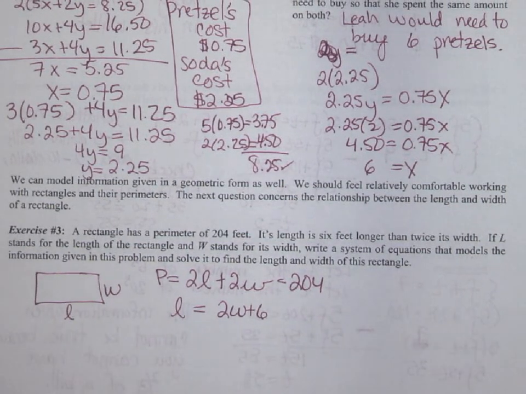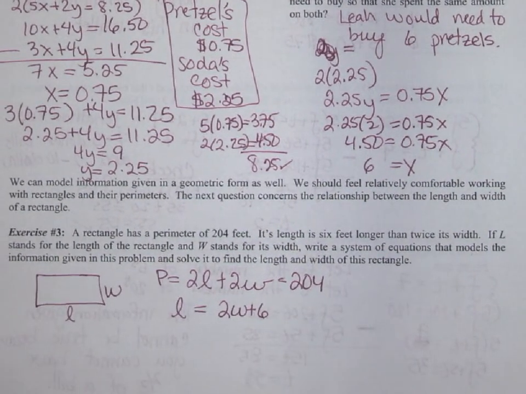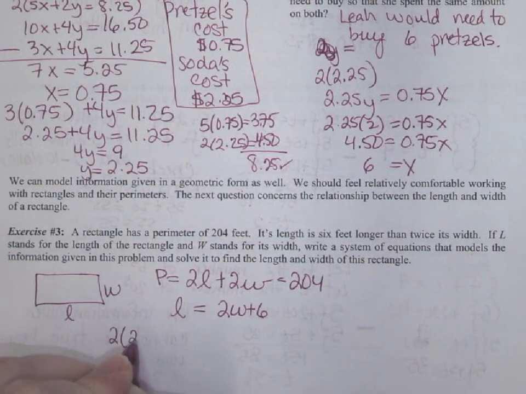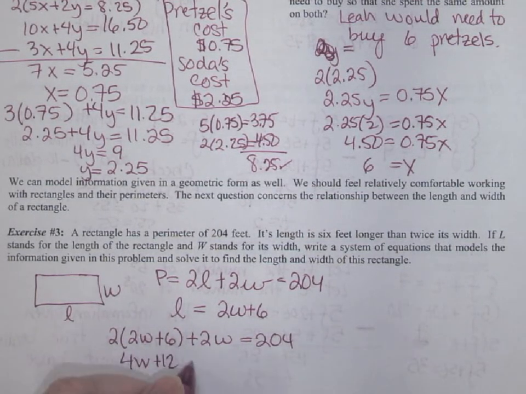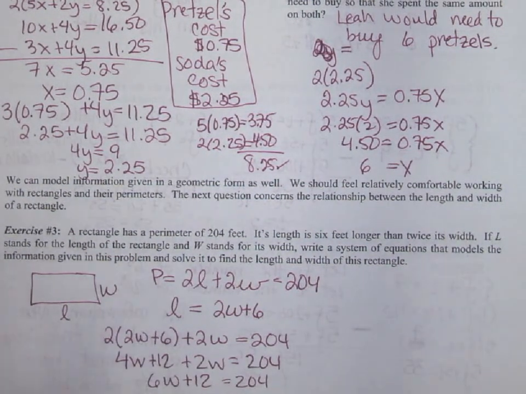So I'm actually not going to use elimination. I'm going to use substitution because I have a variable isolated. So I'm going to substitute here. And solve. Come over here so I have more room.